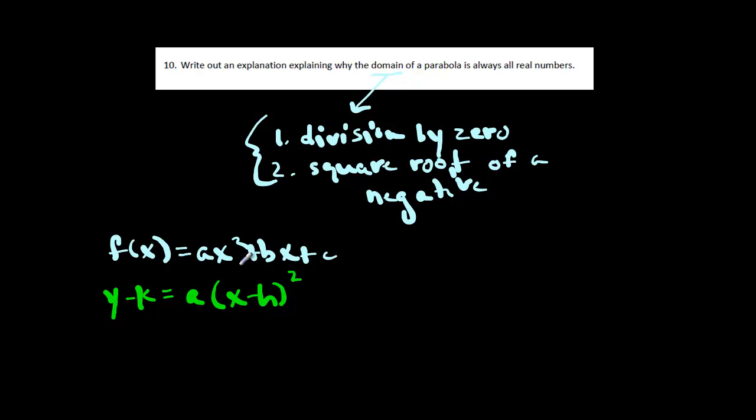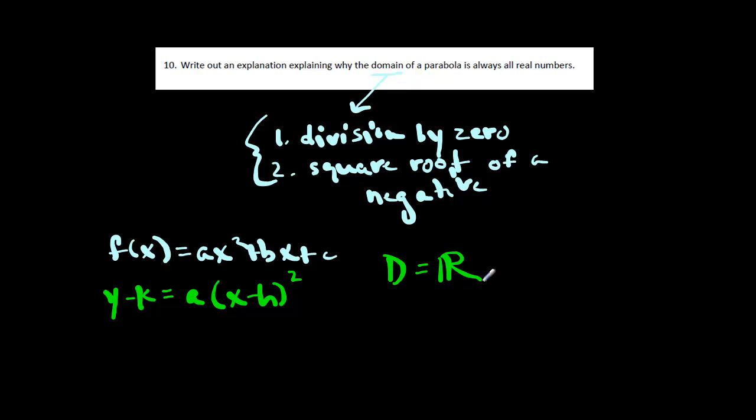There's no quotient anywhere. And you're under no risk of taking a square root of a negative. I don't see any square root signs anywhere. There's no radicals. So if you're not under the risk of either of these two, then the domain has to be all reals. There would be no restriction.